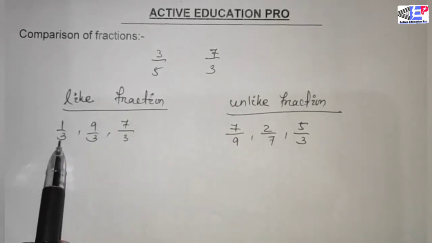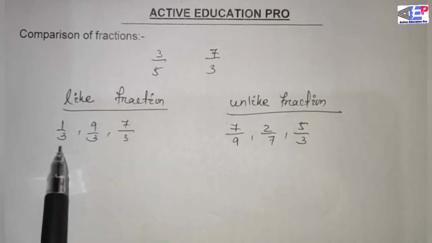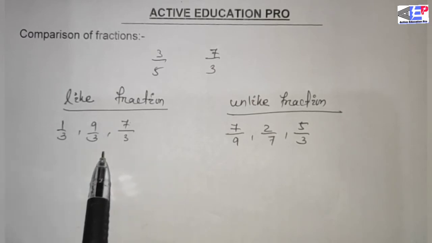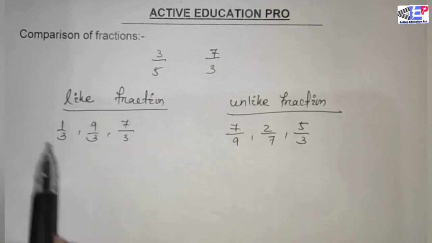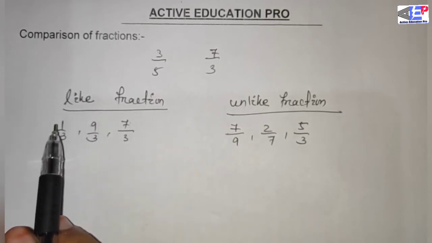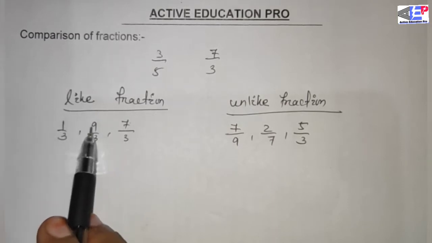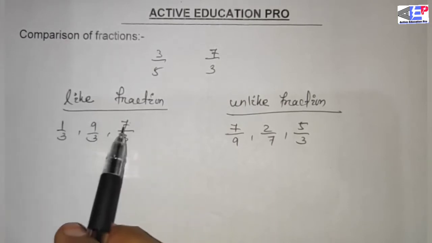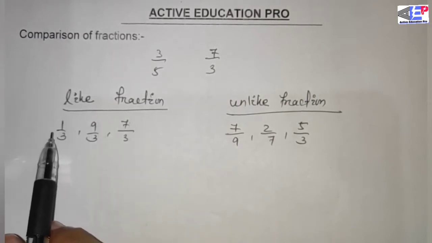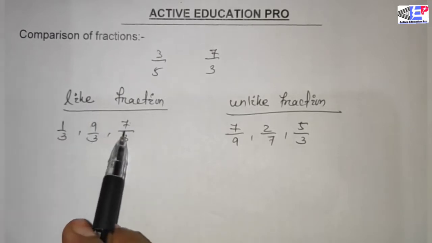Here the denominator is 3 in each fraction, so these are like fractions, and the numerator values are different: 1, 9 and 7.